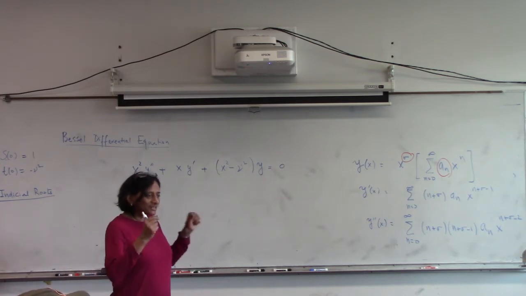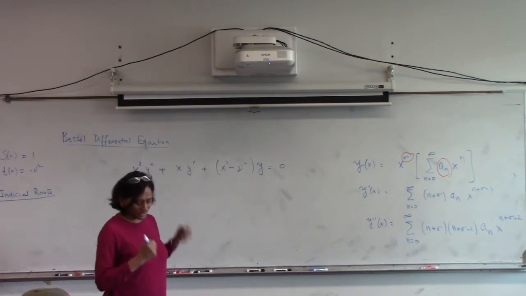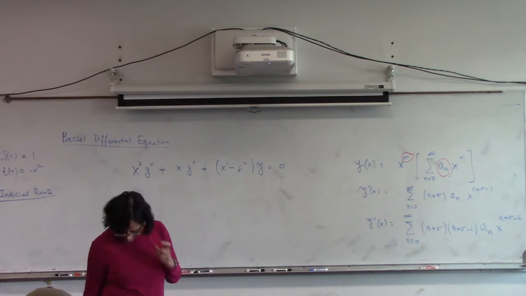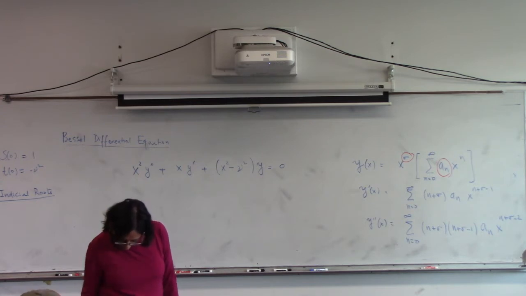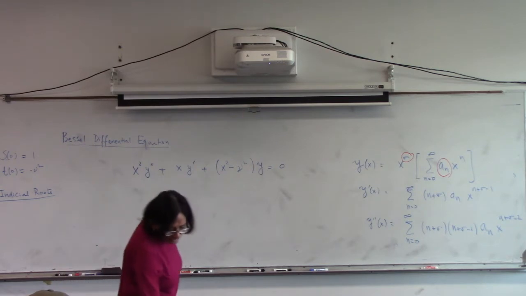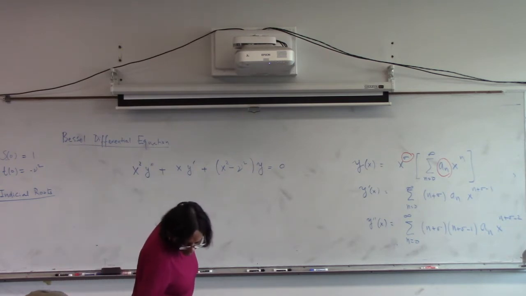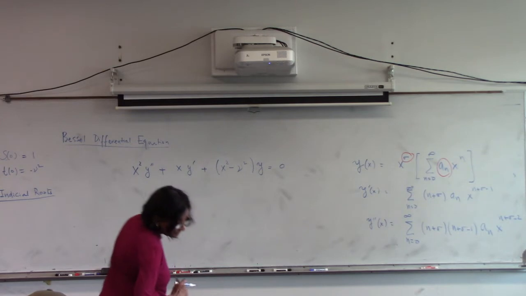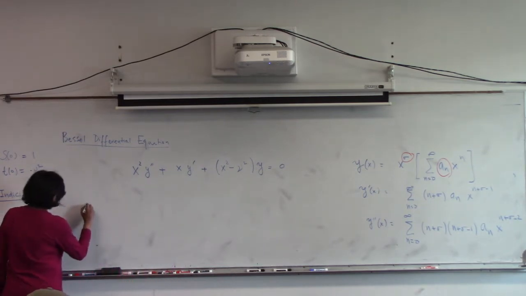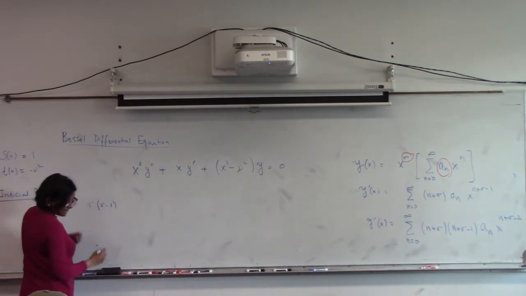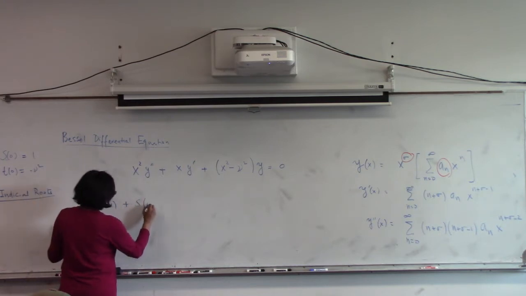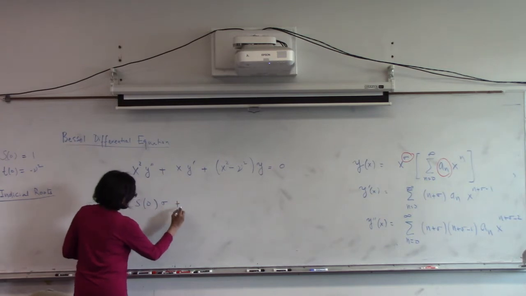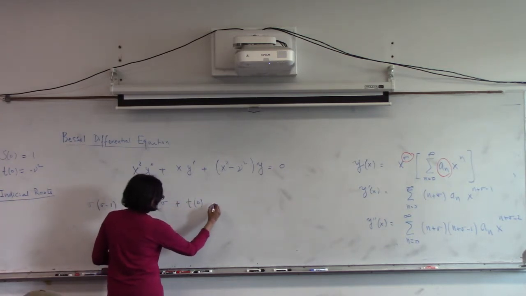But at least remember that's how we get the indicial equation. So it was sigma times (sigma minus 1) plus s0 times sigma plus t0 equal to 0.